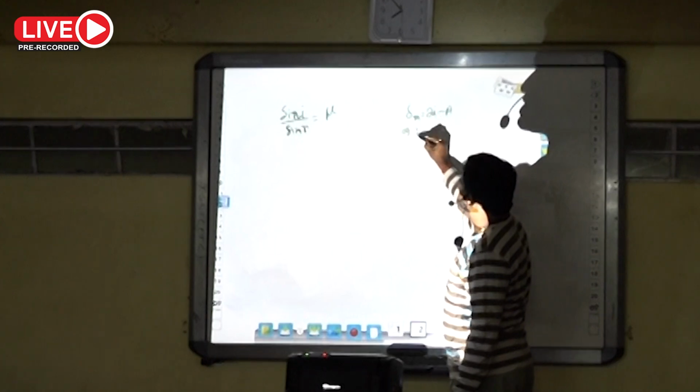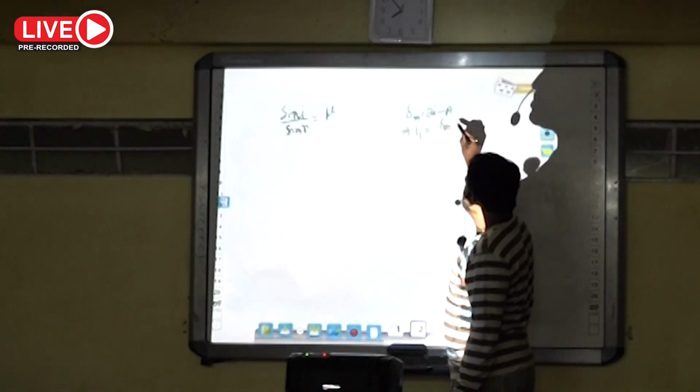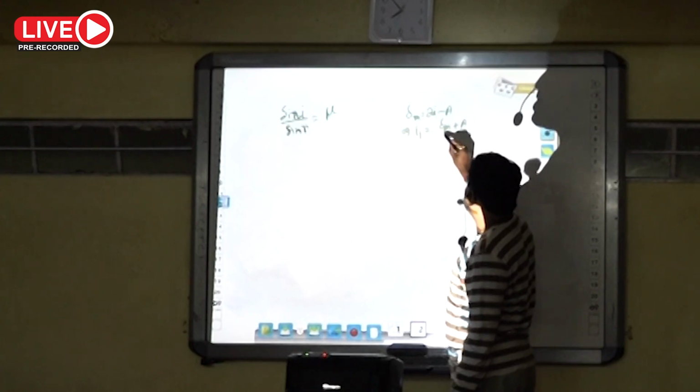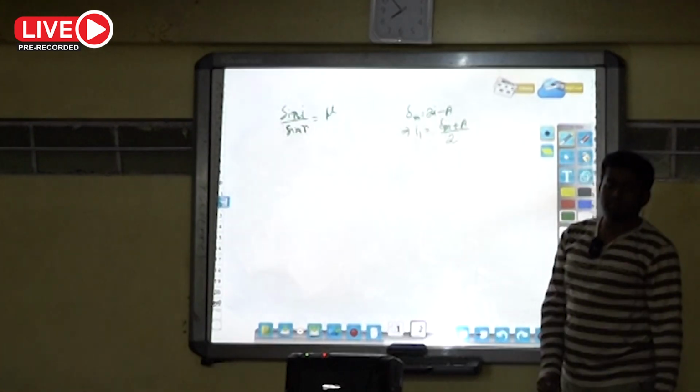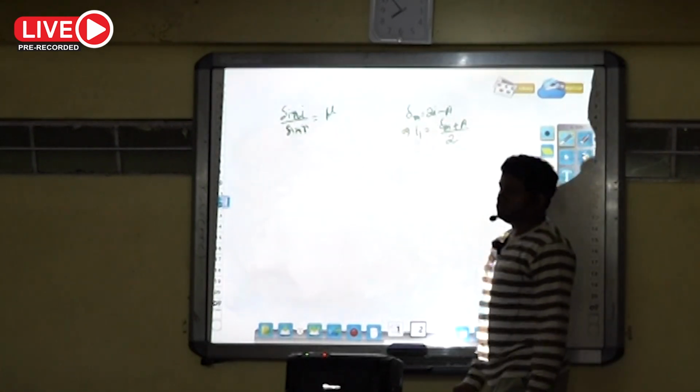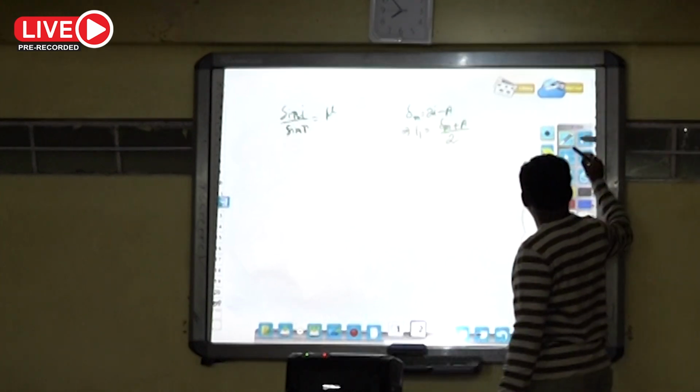Now we have derived in minimum deviation condition that delta M equal to 2I minus A. So from that I can write I equal to delta M plus capital A by 2.